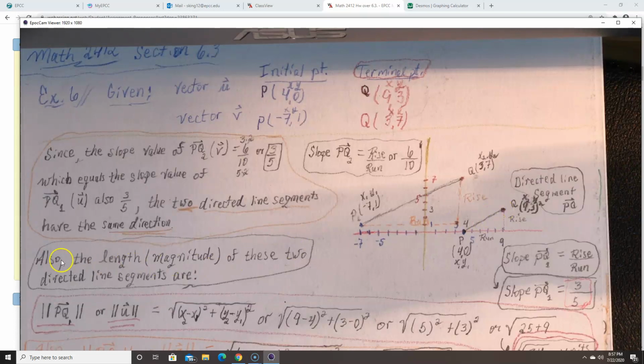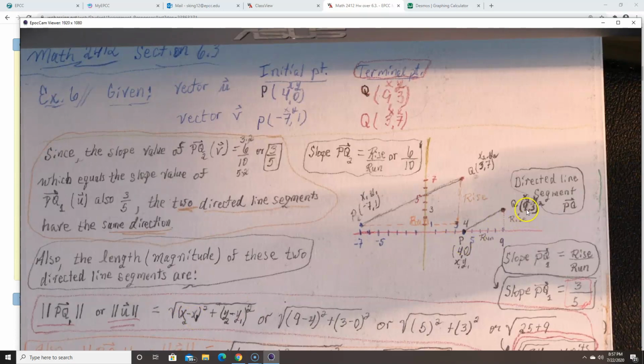So I wrote this over here. The magnitude or the length of directed line segment PQ, which is the same thing as the magnitude of vector u, is equal to, by the definition of distance between 2 points in a coordinate plane, the second x value minus the first x value.